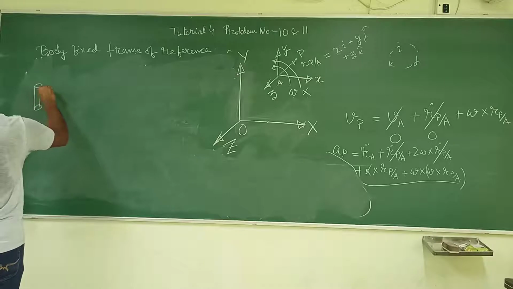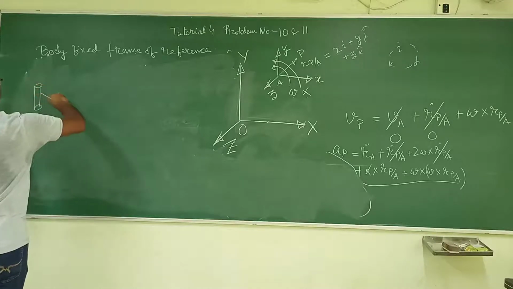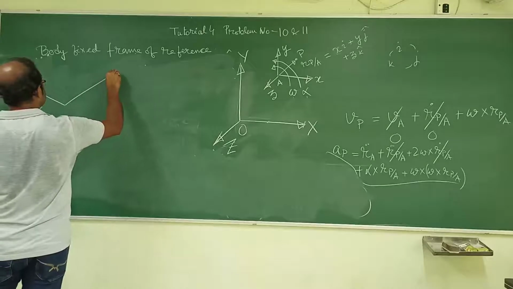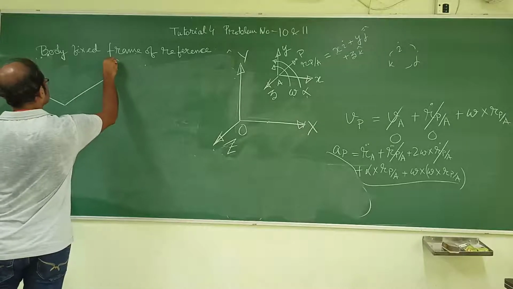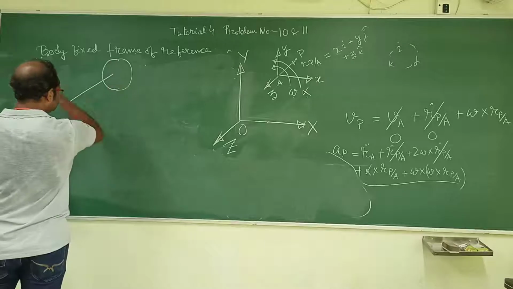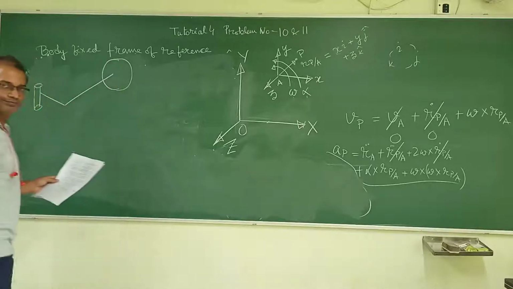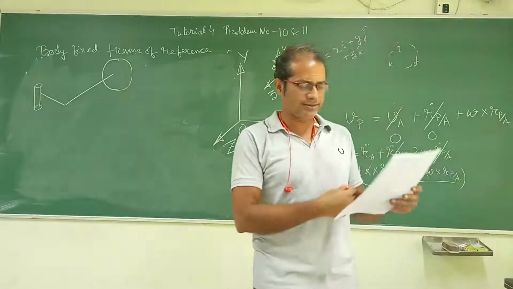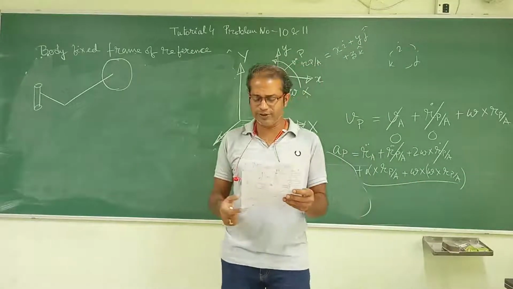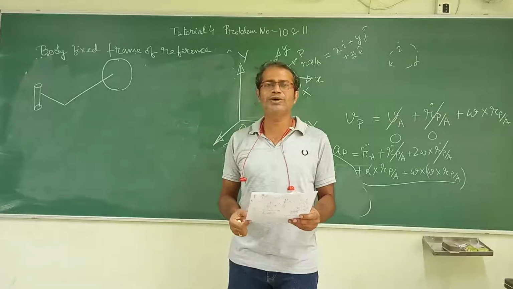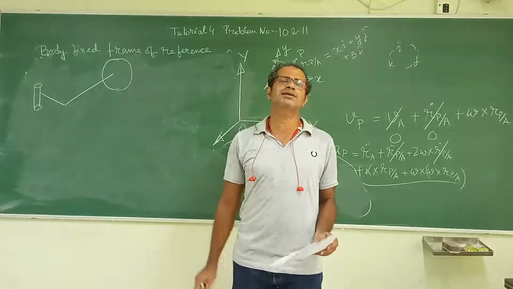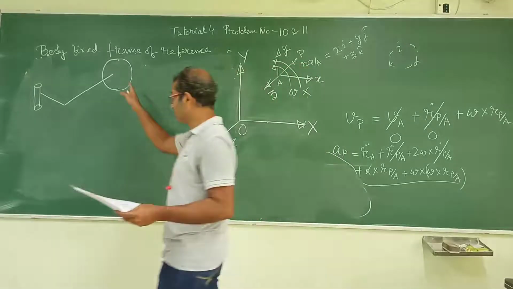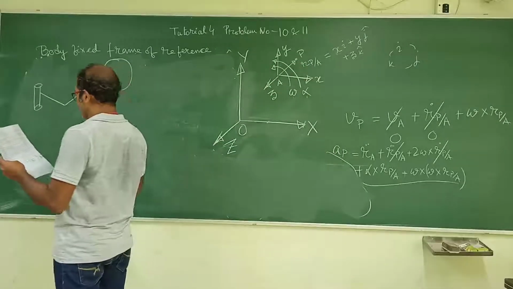Exactly, this is the collar, and there is a link, and over here there is a disk. So this disk is the hero. Other linkages, for the dynamical problem, we will be considering as negligible loss. So that is why we are keeping over here the body fixed frame.